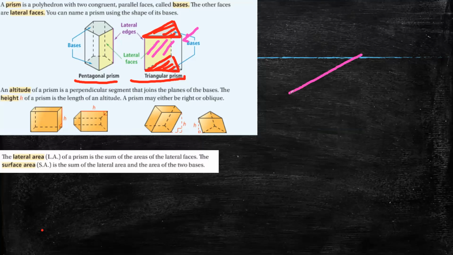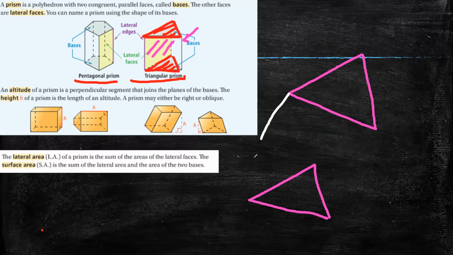You have these two. These two are parallel to each other. Now imagine that you connect between these two. Now this is a triangular prism.